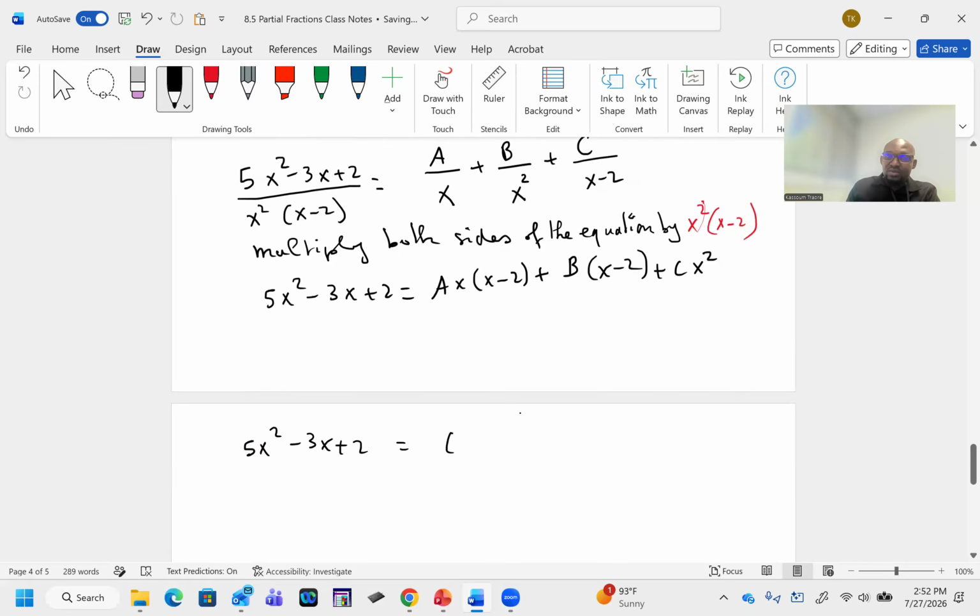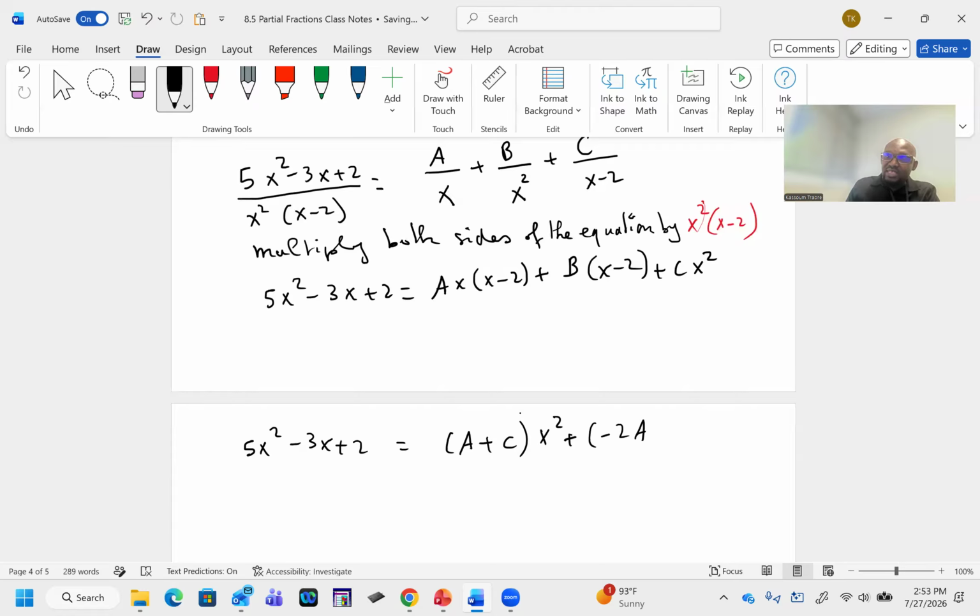Okay, so now ax times x will be what? Ax squared. So we will have ax squared. I'm trying to factor x squared, plus we have cx squared. That's the factor of the squared term. Now ax times negative 2 is negative 2ax, so plus negative 2a.